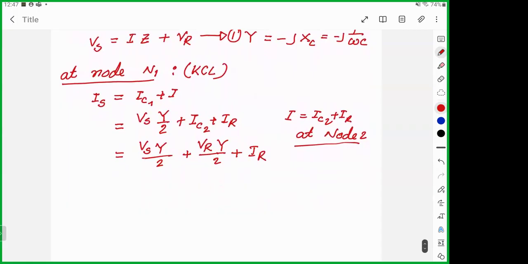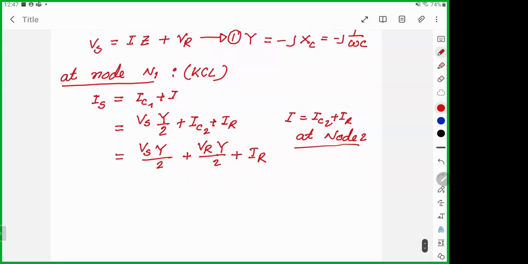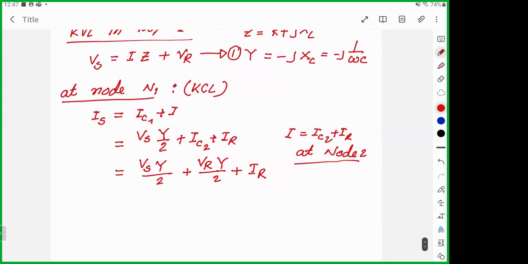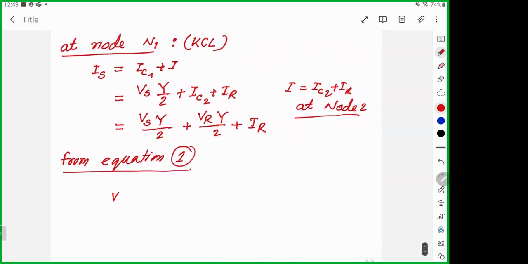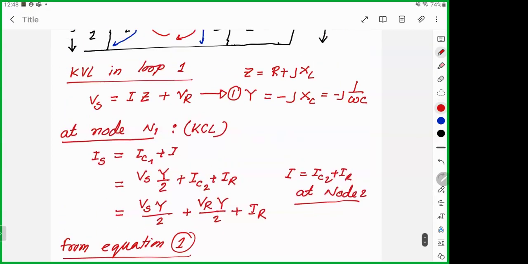So from here, I have VS that we need to change. We can go back to equation 1. VS is equal to I, which can be written as IC2 plus IR, multiplied with Z, plus VR.